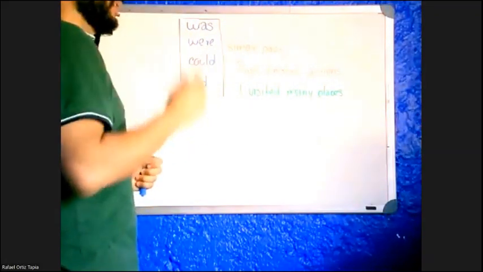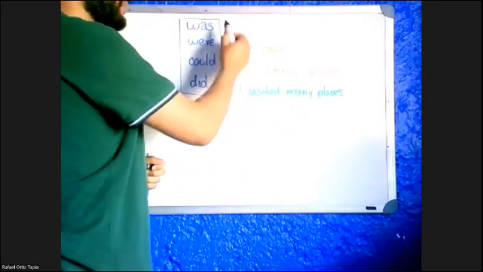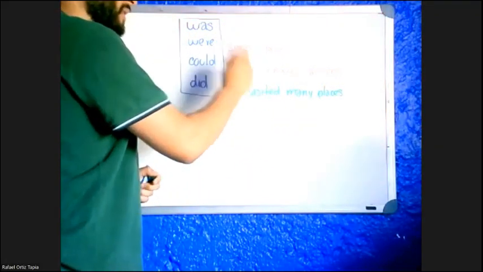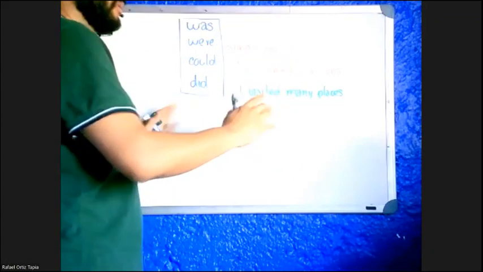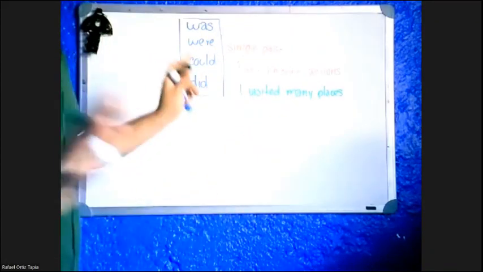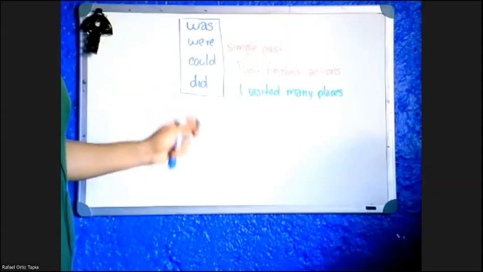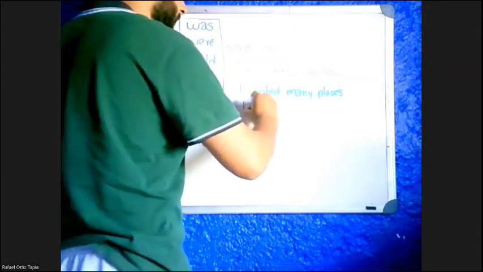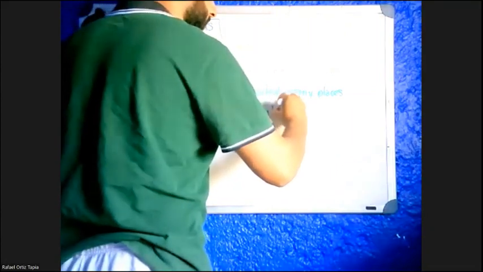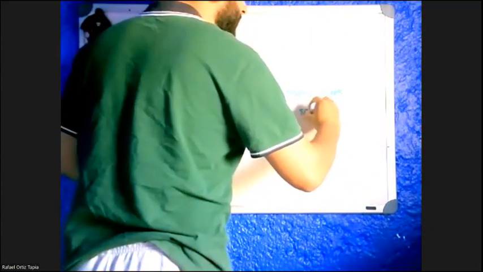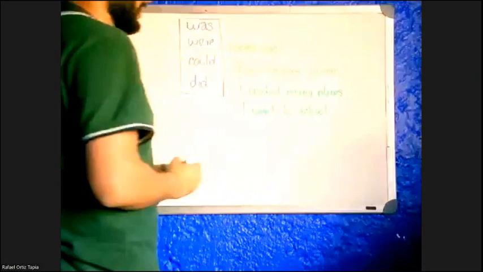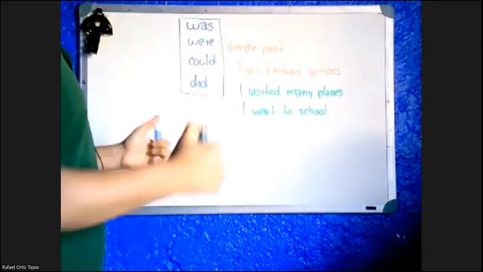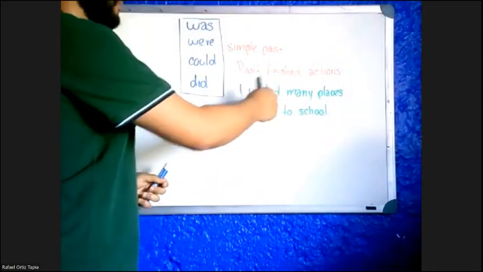I visited many places. It's done, all right? So whenever you use simple past, you are telling the other person that it's done. Visité muchos lugares y ya lo hice, ¿no? ¿Sale? Es algo que está terminado, concluido. Or I went to school. So whenever you use simple past, you need to have in mind that you are talking about finished actions.